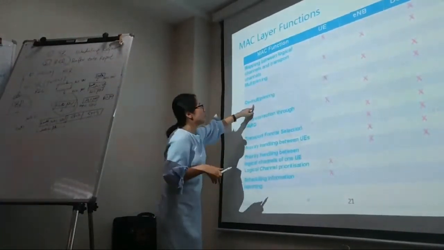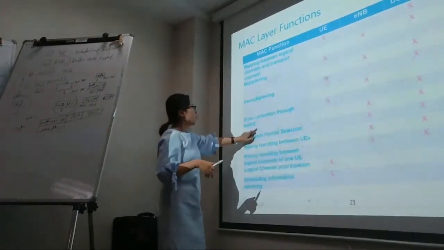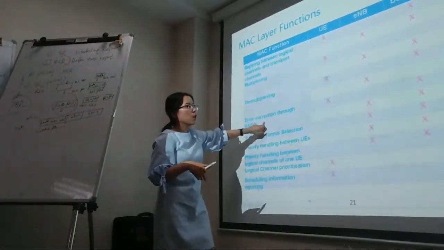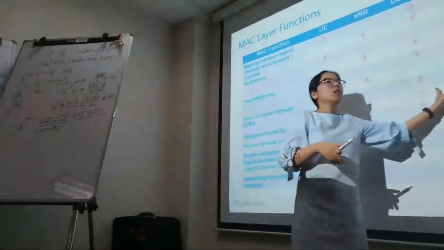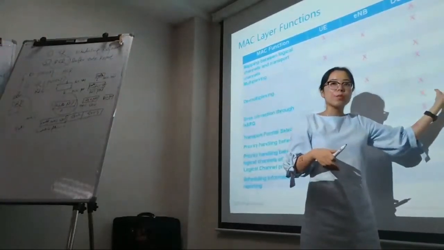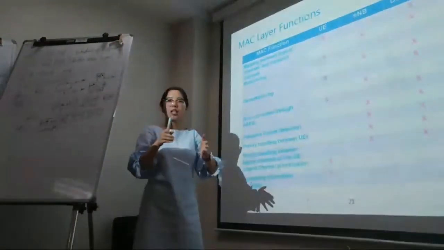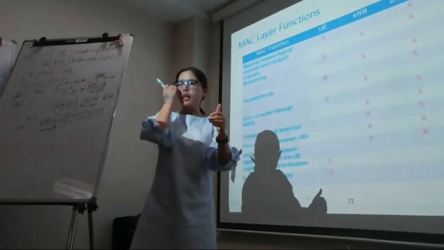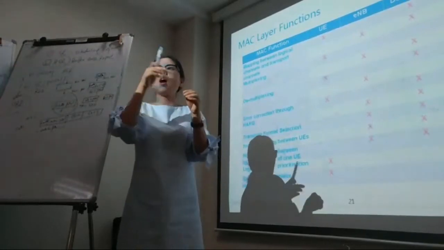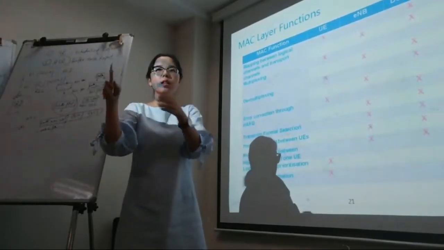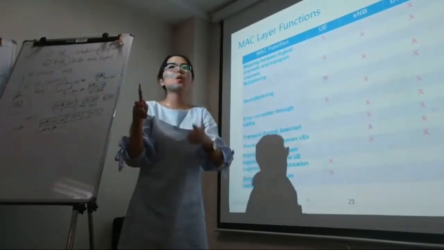And for demultiplexing, they are the same. For HARQ, they have both directions, both downlink and uplink. Even for the UE, I need to have the uplink HARQ and the downlink HARQ. And for the eNode B side, I should also have both.